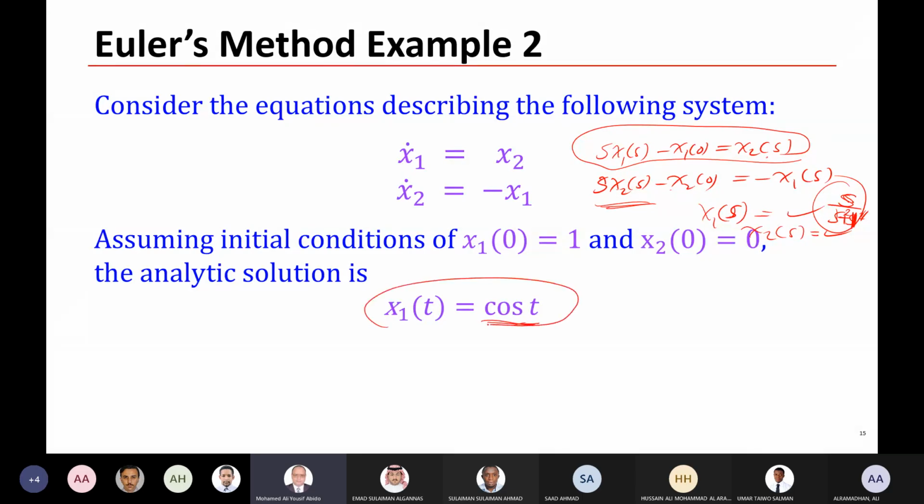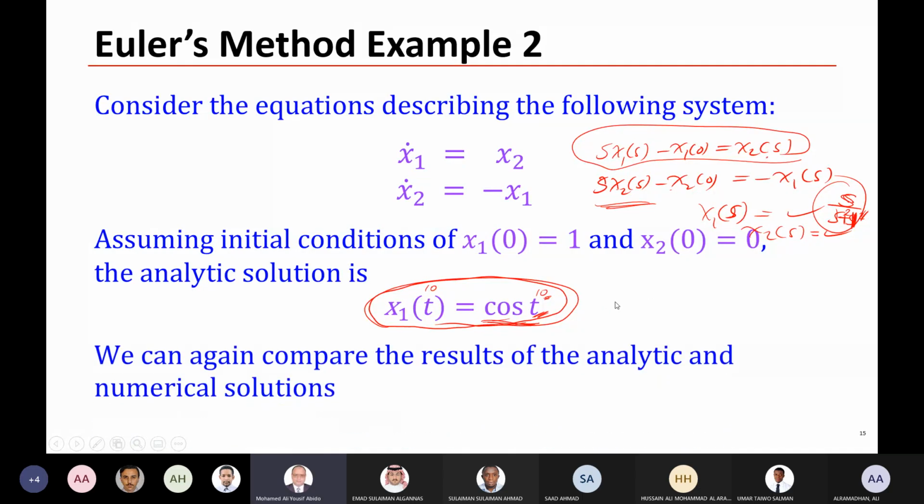So this is a closed form solution. If you need to calculate the value at 10 seconds, you just substitute cosine 10. This is of course in radians, 10 here is not in degrees. And then you can get cosine at 2 seconds, at 1 second, whatever. So this is the closed form solution.